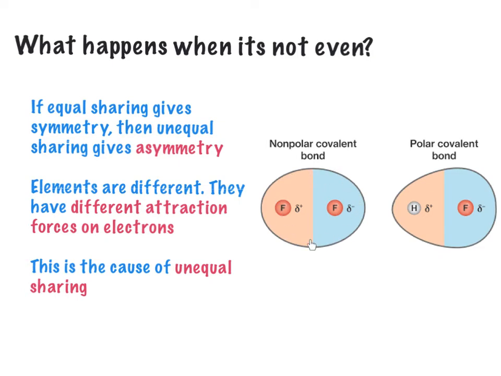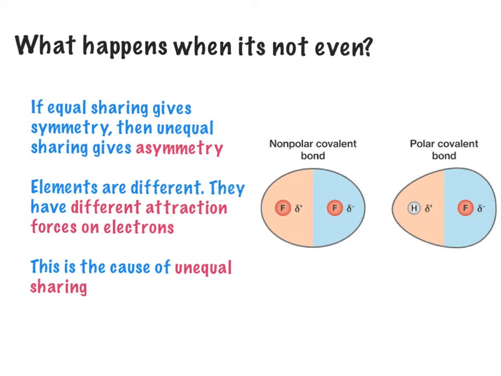Here we've gone from a beautiful symmetrical thing. Now we've got it narrow at this end and wider at this end. So this tells me that the electrons spend more time here than they do here. And so we get what's called a partial difference in there.